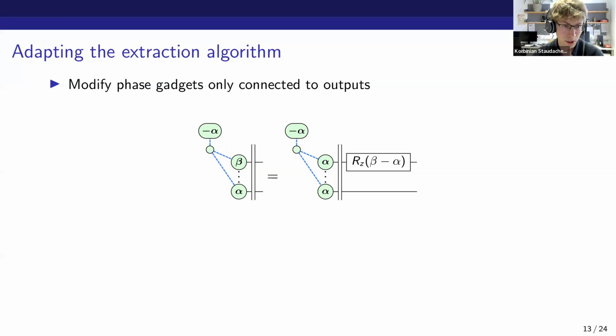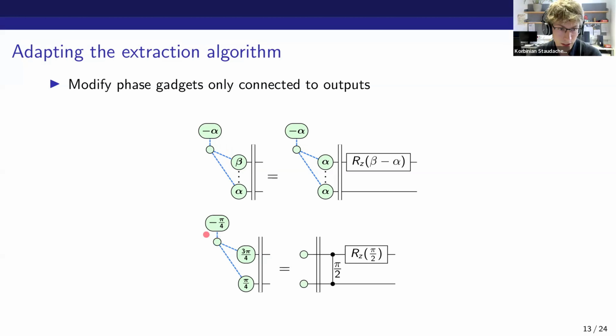So as an example, we have a phase gadget of minus pi over 4 connected to an output with pi over 4, and here 3 pi over 2. So we don't want this 3 pi over 2. We need pi over 2 for extracting the phase gadget. So we would extract the pi over 2 phase as an RZ gate, and then we can extract the rest as a controlled phase gate here.